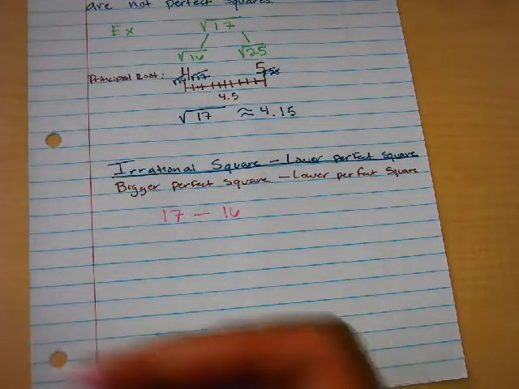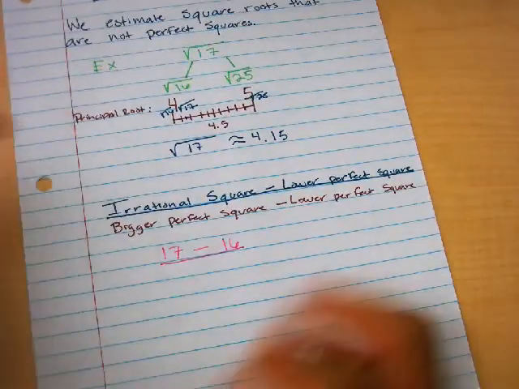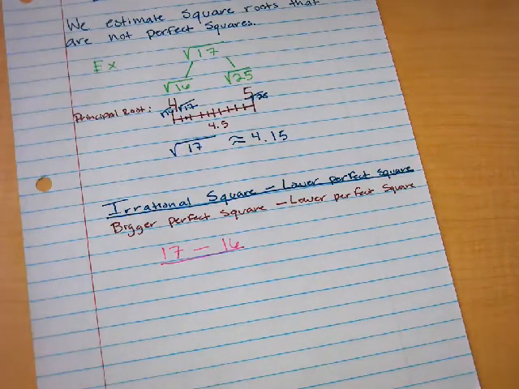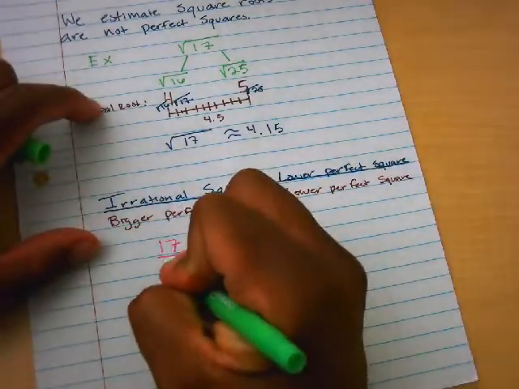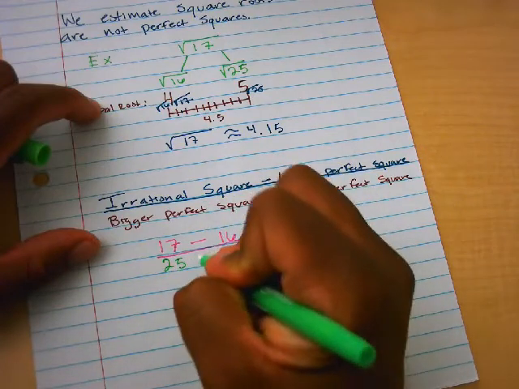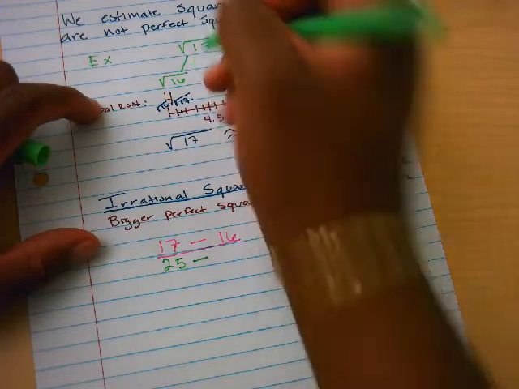Okay, and then we make it a fraction. We put that over the bigger perfect square. So that's 25 minus the lower perfect square, so 16.